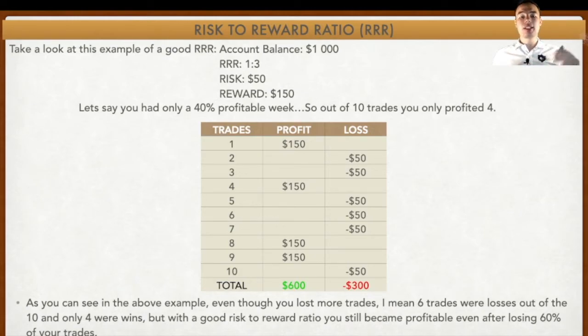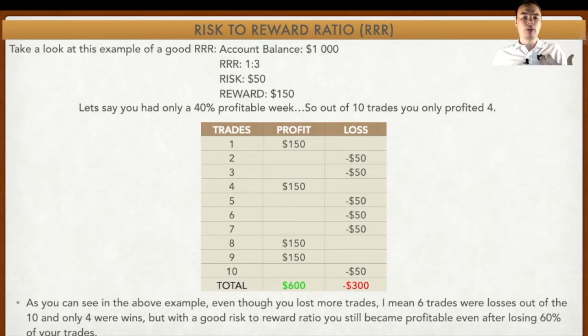Fifth, sixth, seventh trade, 3 trades in a row you lose. It can happen, and it will happen. This is why risk management is important. 8th trade win, 9th trade win, last trade loss. So 4 trades were wins, 6 were losses. Now count up.